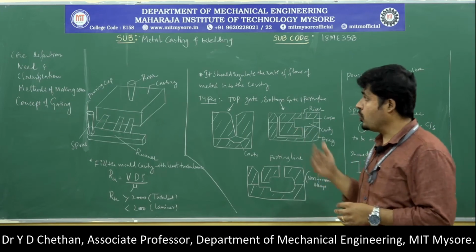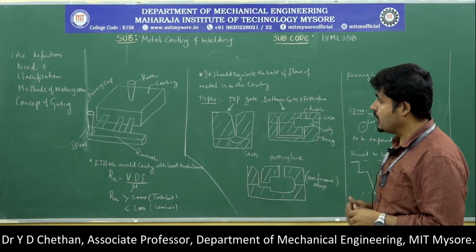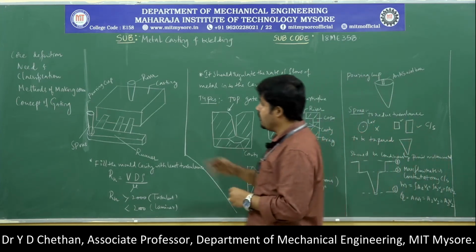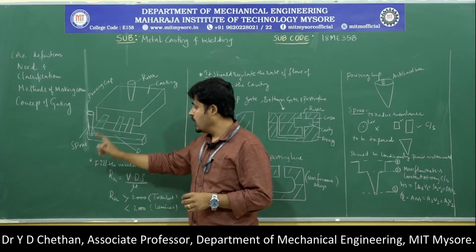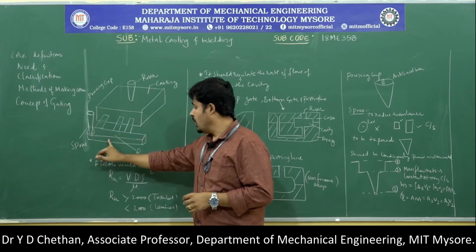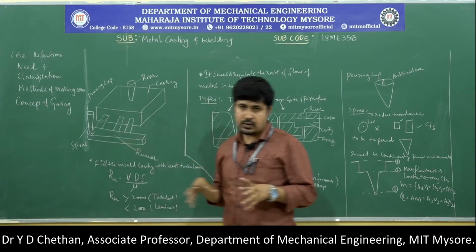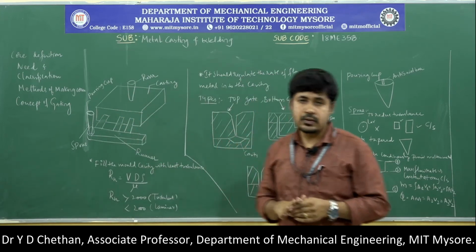Okay. The next topic is the gating system. The gating system starts from the pouring cup, then sprue, then runners, ingates, then risers. These elements constitute a gating system.